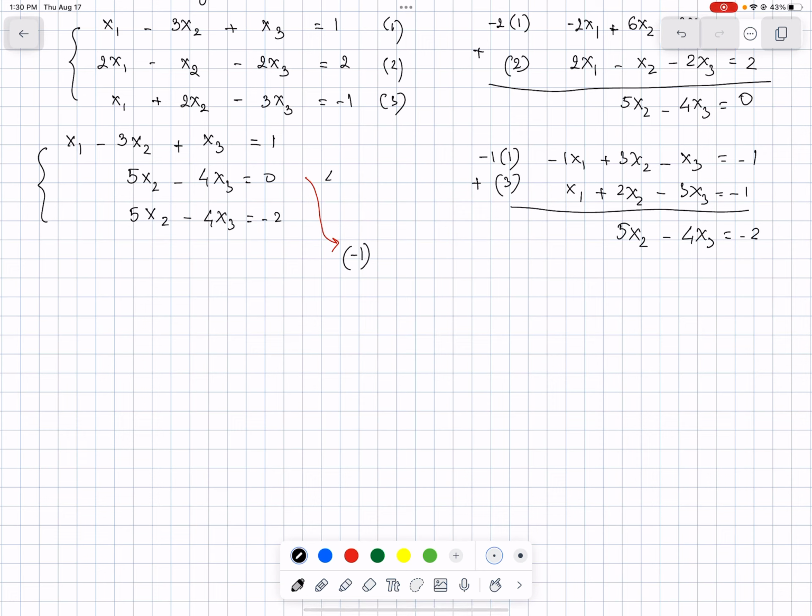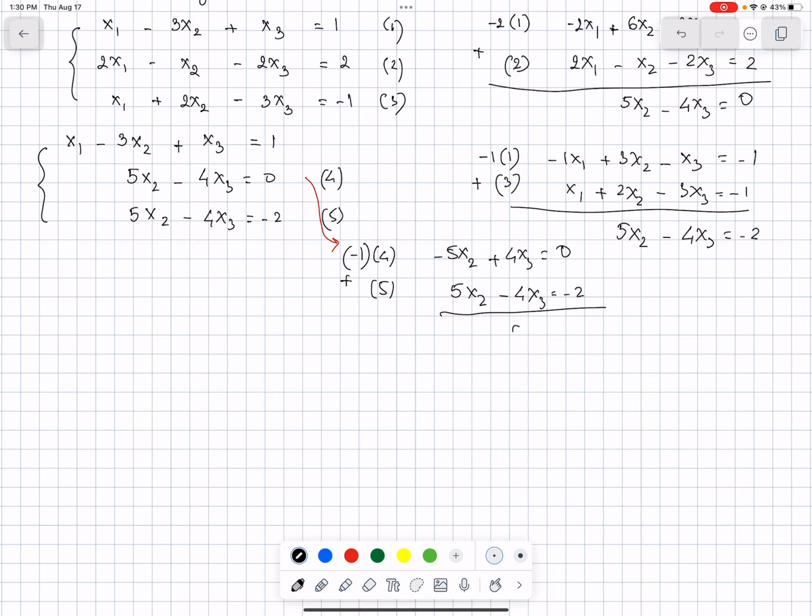Let's name this one 4 and this one 5, okay? So multiply by -1 for equation 4 and add equation 5. It will become -5x2 plus 4x3 equals 0. Copy number 5 again. And then add them up.